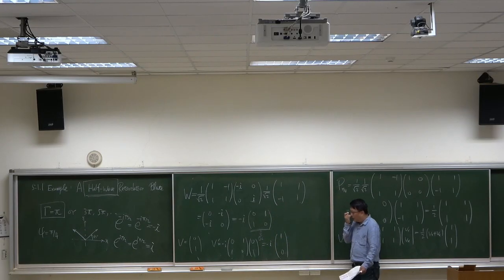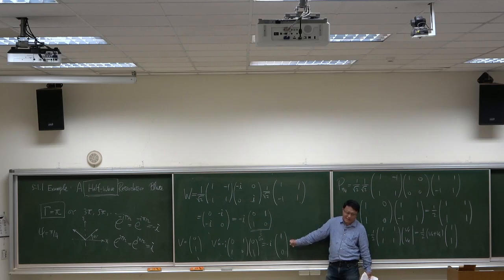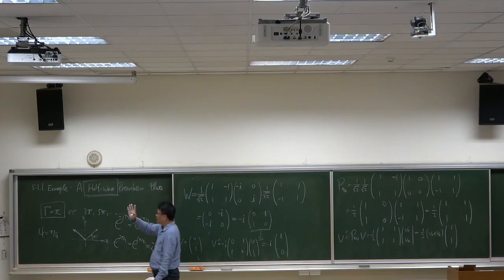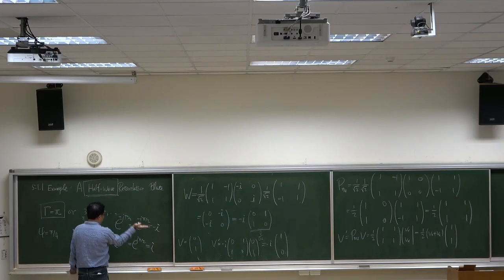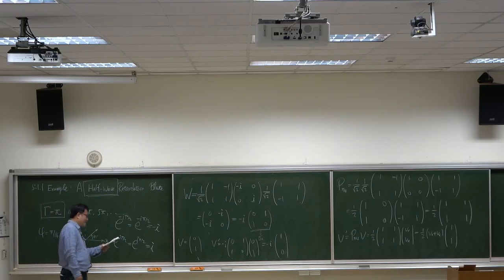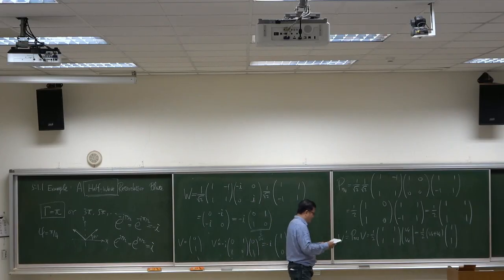So you see, originally we have a y polarized light, then finally we get an x polarized light. This means that we rotate the polarization by 90 degrees. We changed it from x polarization to y polarization, and y polarization to x polarization.